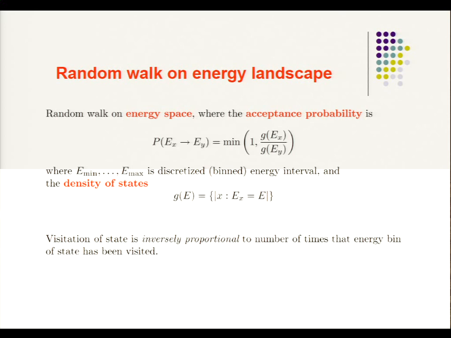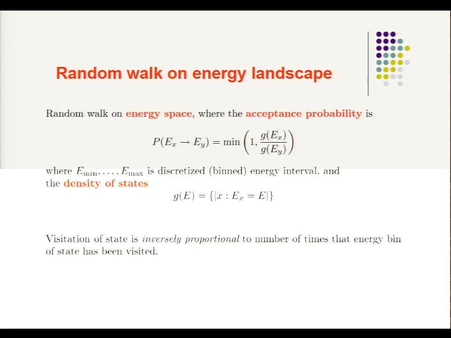If we are currently in state X, and Y is the immediate successor, a secondary structure neighbor, we take the new secondary structure Y with probability the minimum of 1 and the density of the energy band of X divided by the density of the energy band of Y. That means from X, we prefer states which are not visited as much as the energy band of state X. So the probability is inversely proportional to the number of times that we have actually visited the energy of that state.